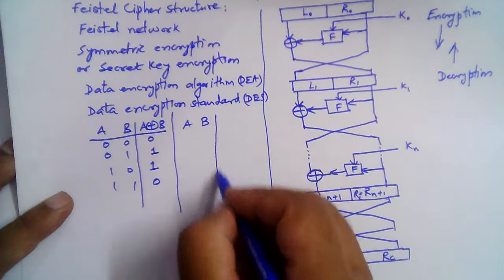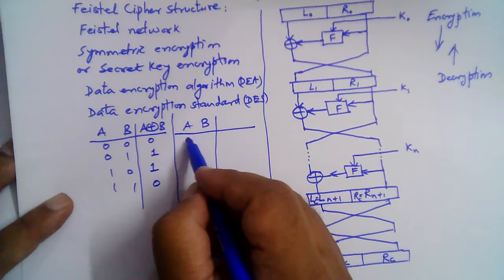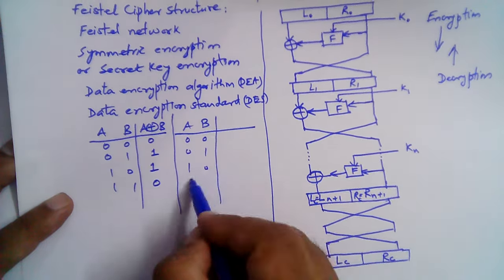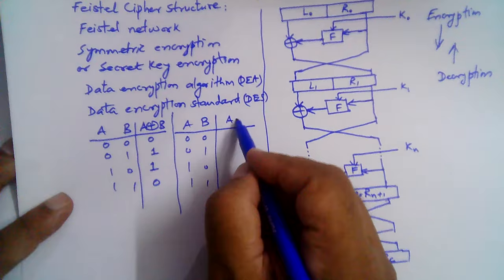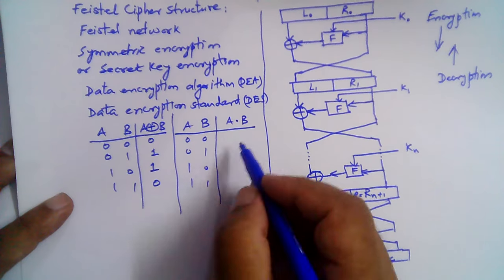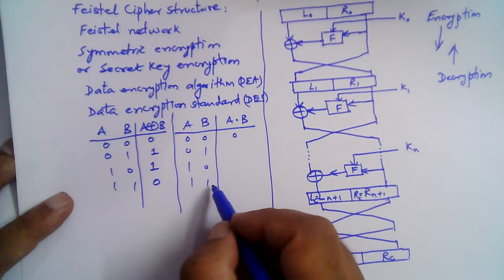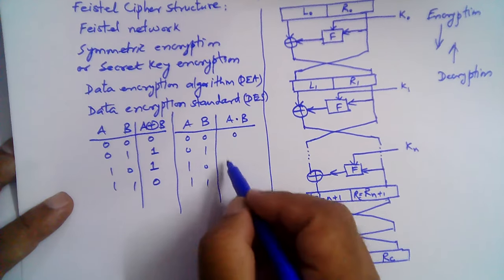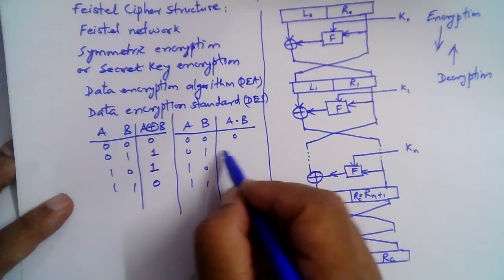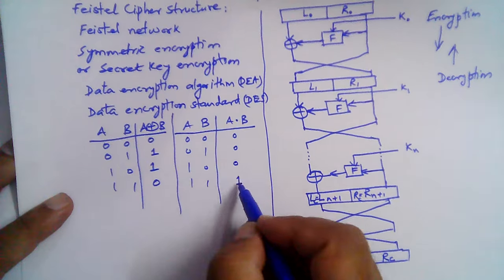For example, if we have 00011011, then A and B is represented like this. So this is 0, and this is 1 only when both the bits are 1, right? So this is 1 only here. Otherwise, this is 0, 0 and 1 is 0, and this is 0, and this is 1 here.